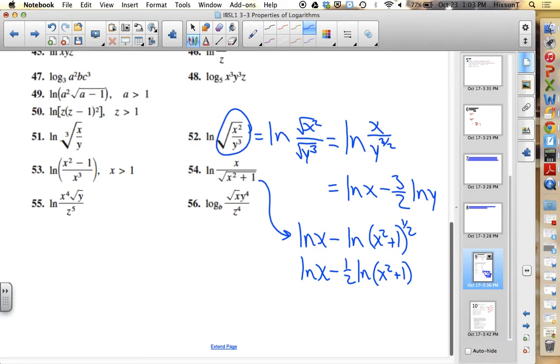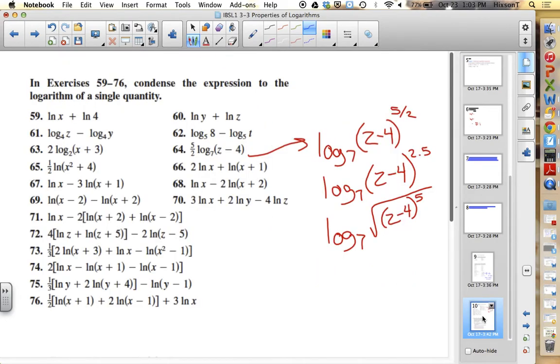Last question. Number 67. All right. So we have natural log of x minus 3 natural log of x plus 1. What I would do first is pull the 3 in, because now we're condensing.